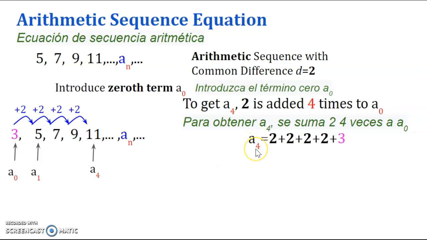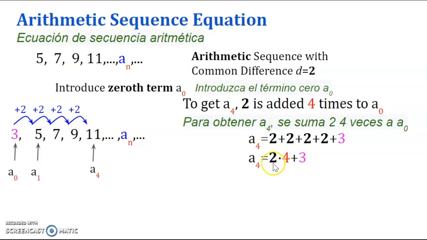So a sub 4 is 2 plus 2 plus 2 plus 2, the common difference being added 4 times, and then to that we add what we started off with, which is 3, the zeroth term. We can rewrite this as 2 times 4, because 2 being added 4 times is the same as 2 times 4. And notice that 4 and 4 are the same number here.